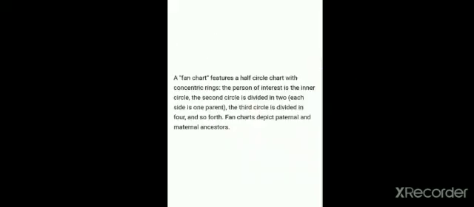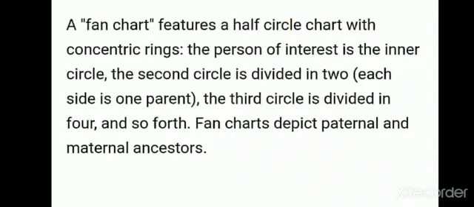Another type of representing the family tree is the fan chart. It is represented circularly, so that the center represents the person who has taken birth, and all the other circles represent the ancestral relationship. A fan chart features a half circle chart with concentric circles. Concentric circles means circles around a single center.